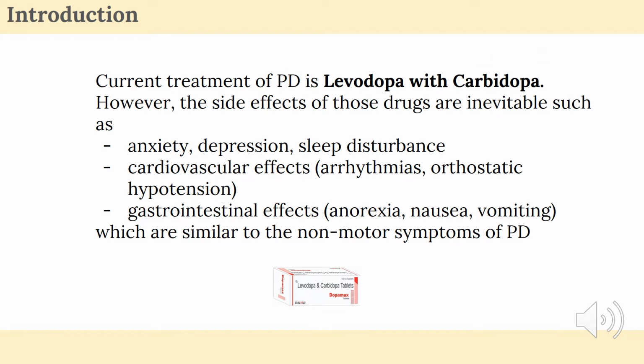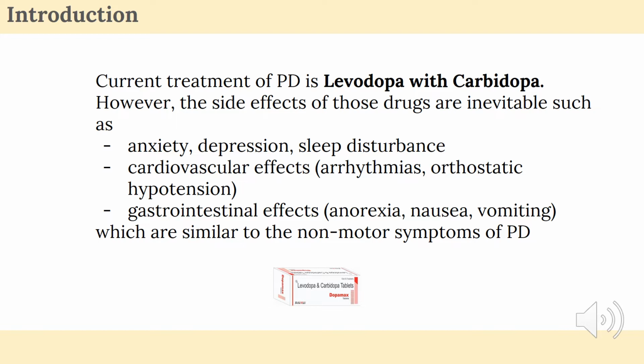From the biochemical and molecular pathophysiology of Parkinson's disease, as mentioned, the current treatment is levodopa with carbidopa, which can supplement the dopamine in the nigrostriatal tract and extrapyramidal tract. But the side effects of levodopa and carbidopa are inevitable, such as anxiety, depression, sleep disturbance, cardiovascular effects such as arrhythmia and orthostatic hypotension, or even GI side effects such as anorexia, nausea, and vomiting.